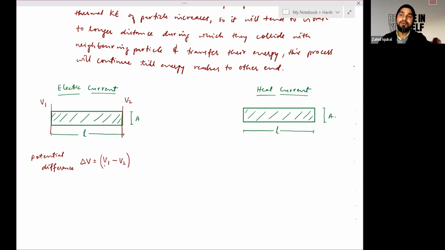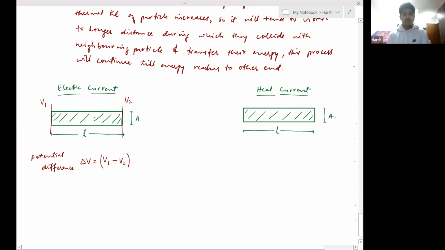Similarly, if both ends of a conductor are at the same potential, there will be no flow of charge in any direction, so you must create a potential difference across it. Let's say V1 is at higher potential and V2 is at lower potential. Due to this potential difference, there will be flow of electric charge through it. Similarly, in the case of heat current, it's the same.